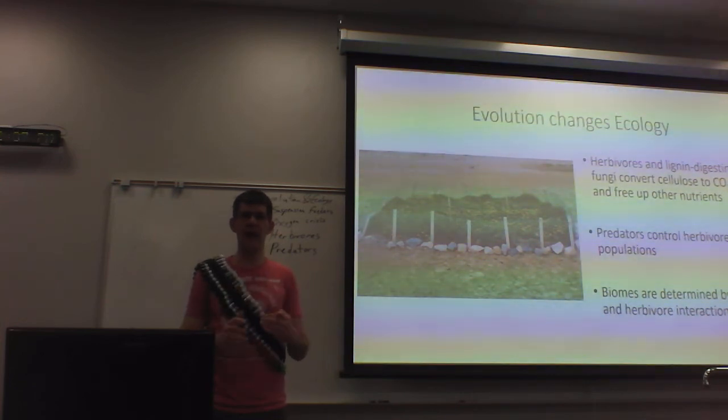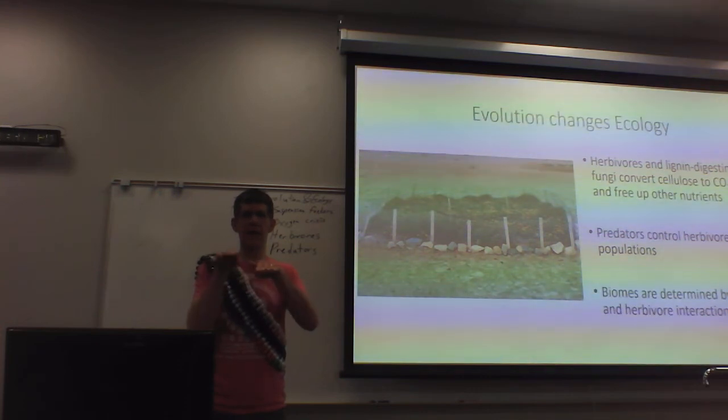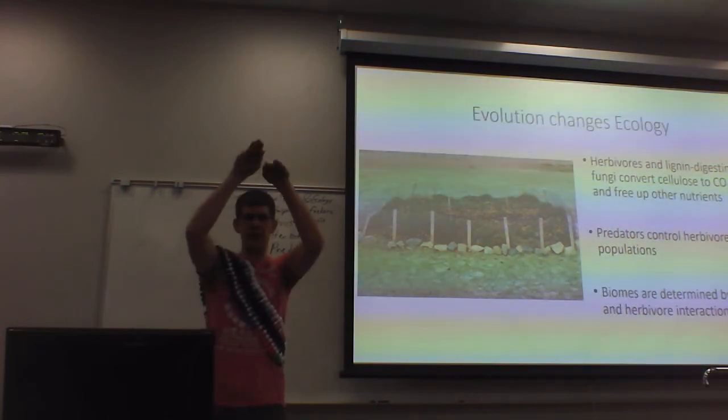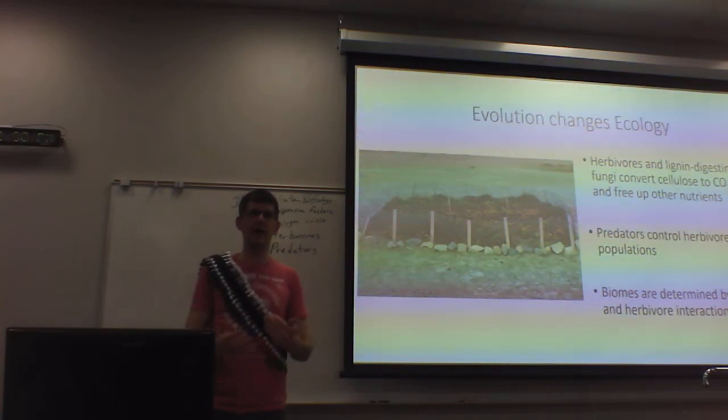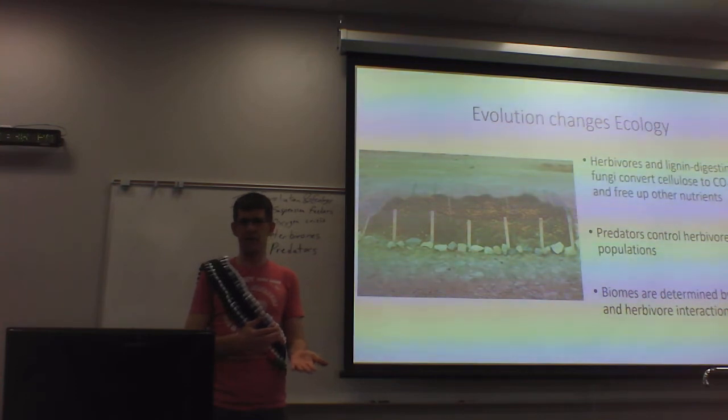So what we have now is a complex ecosystem based on years and years of ecological interactions evolving into new ecological interactions and causing new ecological interactions to evolve. So it's a complex series of systems that have now caused our beautiful and glorious ecosystem.